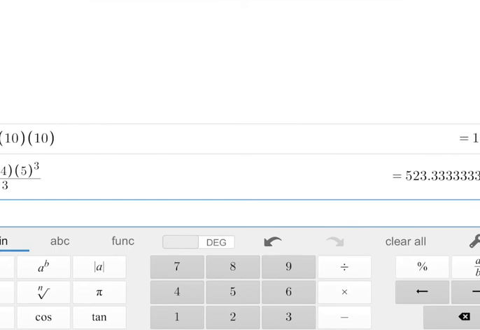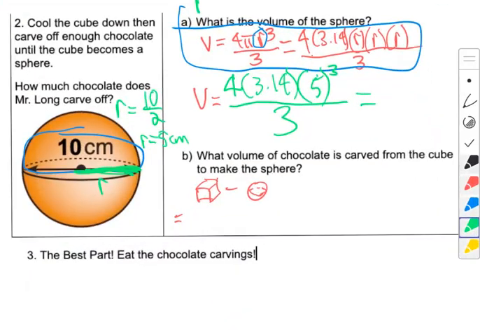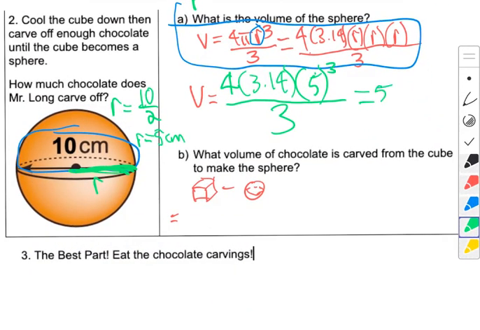So let's go and record that answer: 523.3 centimeters cubed. That's the volume of that chocolate once we make it into a sphere. I might have said a cube earlier, but that's the sphere.